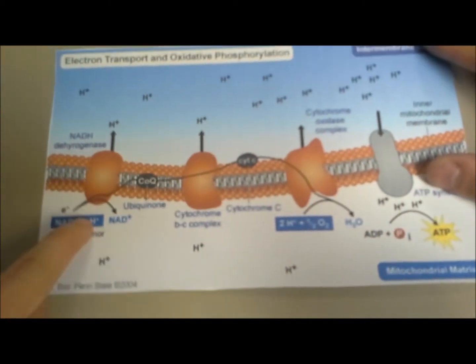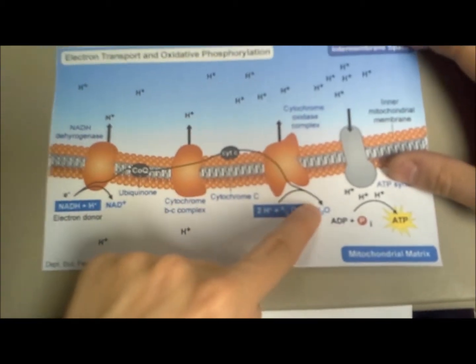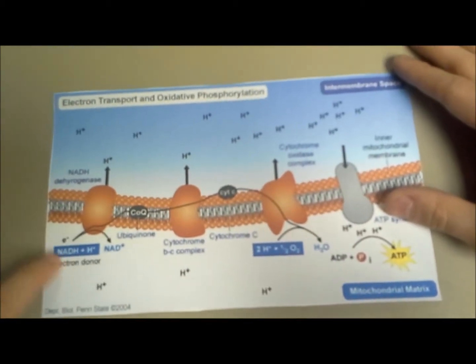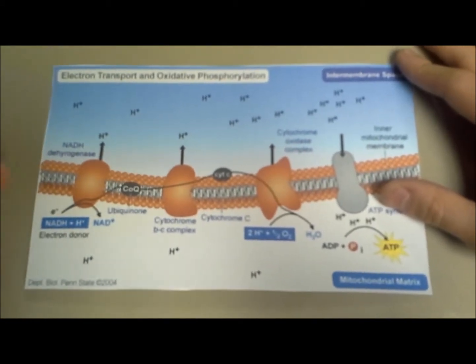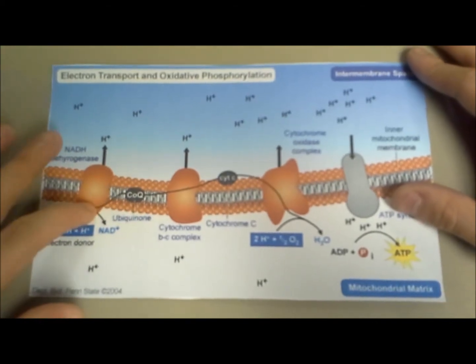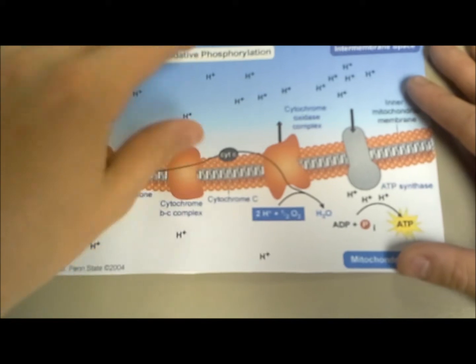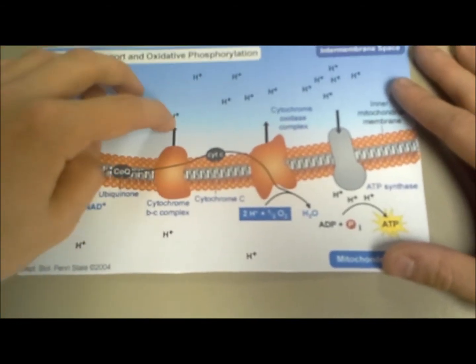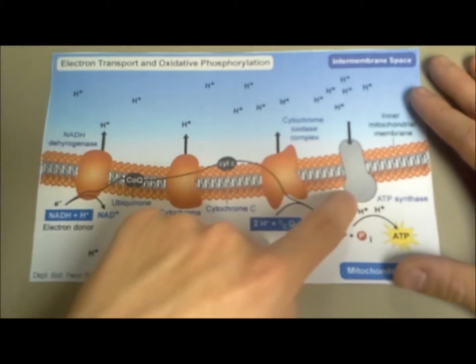The electron transport chain, which is in the inner membrane, takes the electrons from these electron carriers, NADH and FADH2, and pushes them through the membrane through active transport proteins. The electrons then go out into the intermembrane space. From there, they will go to ATP synthase.